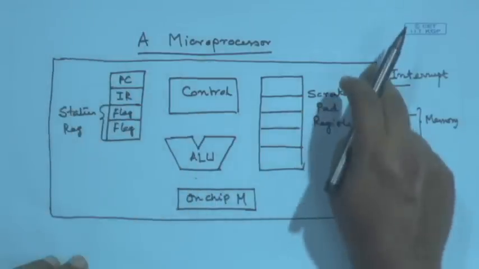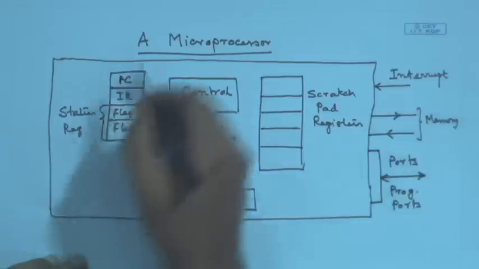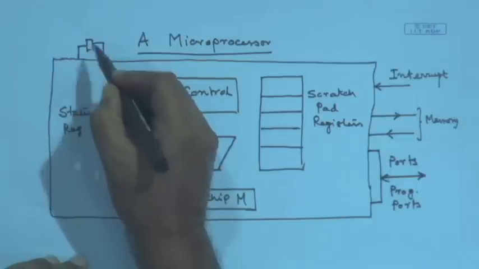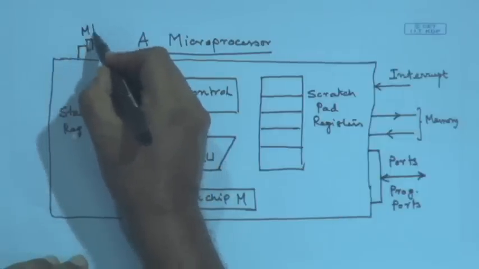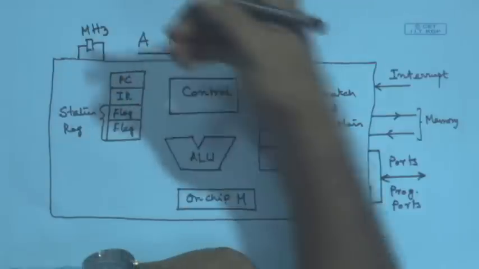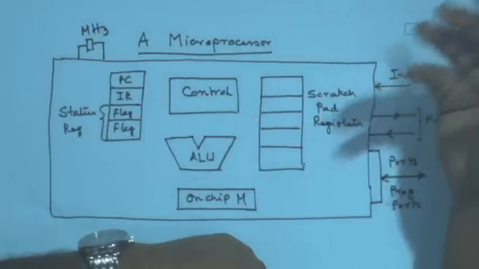So, this is a microprocessor. Now, this is driven by a clock, all right, of some megahertz. Now, it is going up further to thousands of megahertz, but gigahertz is now commonplace.